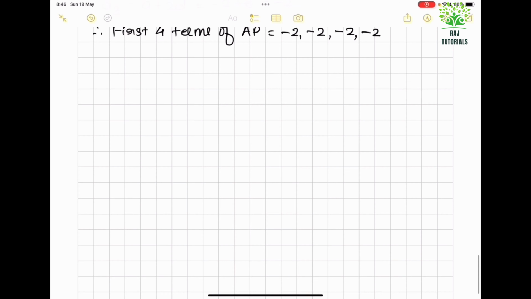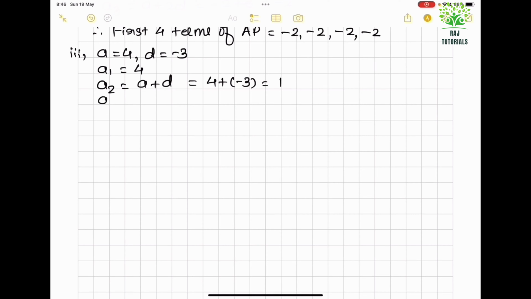Then third one, A is 4, D is minus 3. So A1 will be 4, A2 will be A plus D. So that is 4 plus minus 3, so that will be 1. A3 will be 4 plus 2 into D. So that is 4 plus 2 into minus 3. So 4 minus 6, that is minus 2.